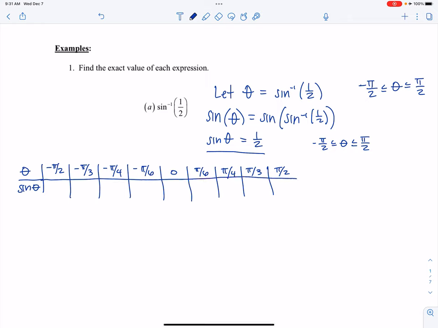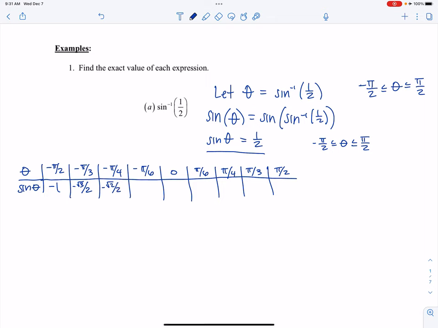If theta is negative pi over 2, what is sine of theta? That gives us negative 1. If theta is negative pi over 3, sine of theta is negative root 3 over 2. When theta is negative pi over 4, sine of theta is negative root 2 over 2.